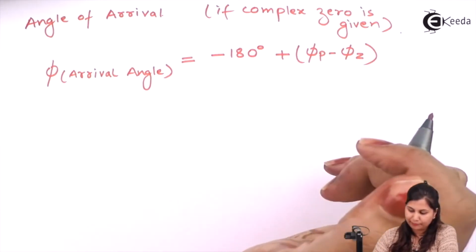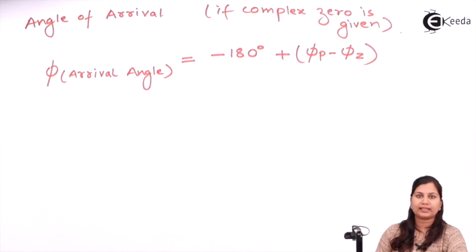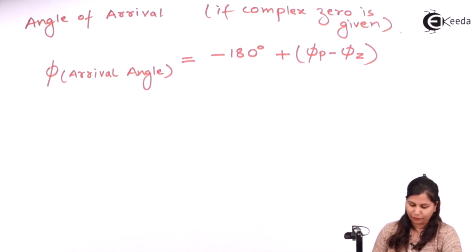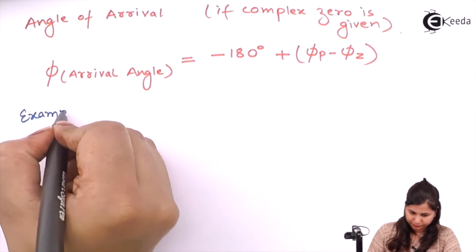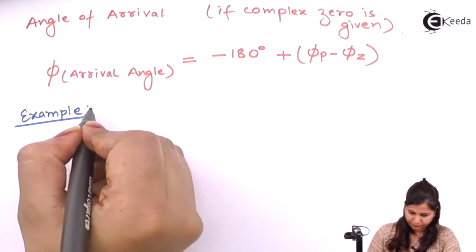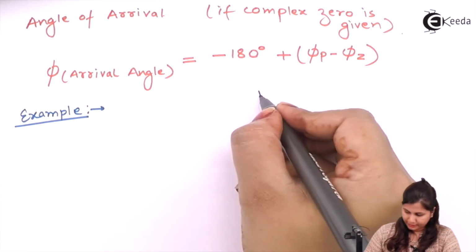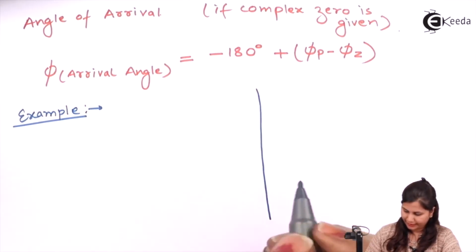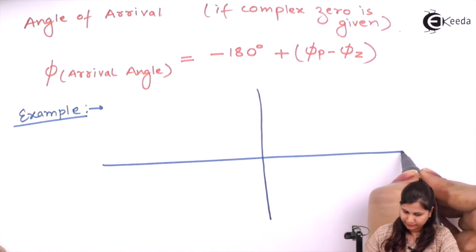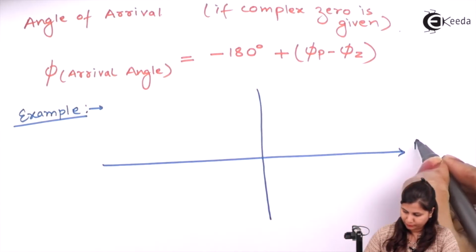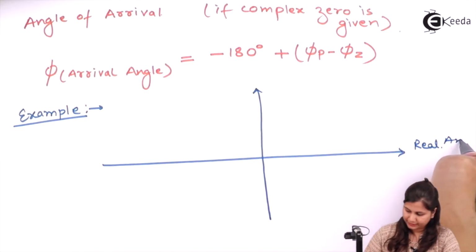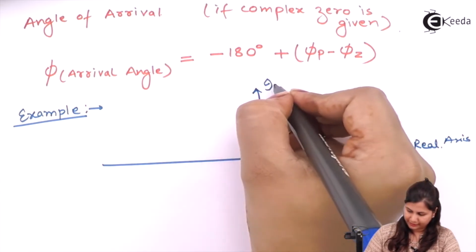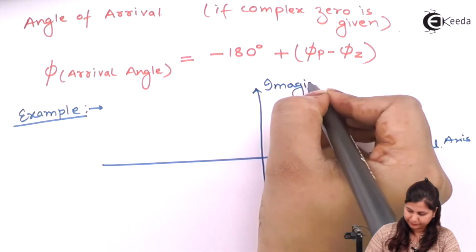Now take an example to understand what an angle of arrival and an angle of departure are, and how we are going to calculate them. Consider a pole-zero diagram of a system. We have plotted the poles and zeros of a system on the real axis and the imaginary axis, that is on the S plane.